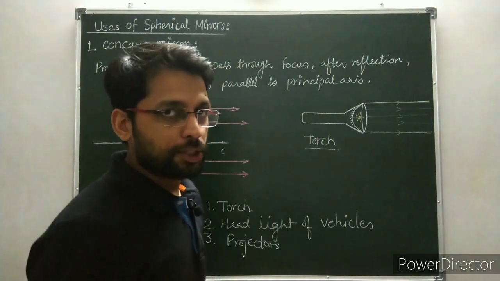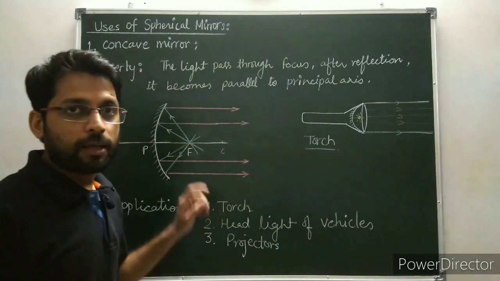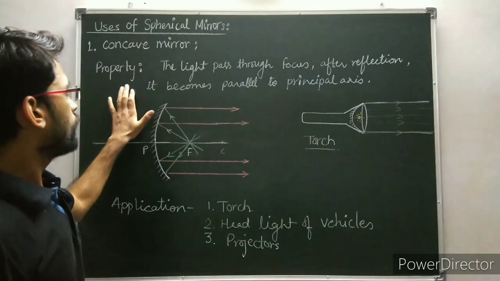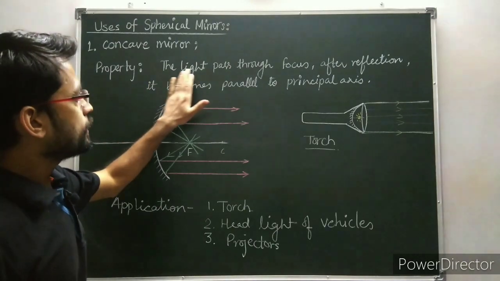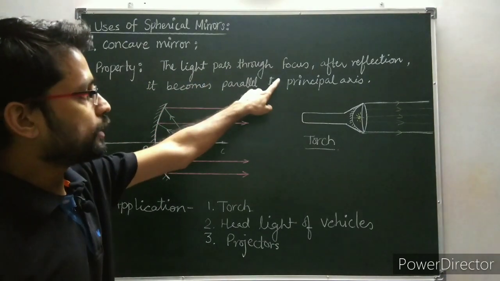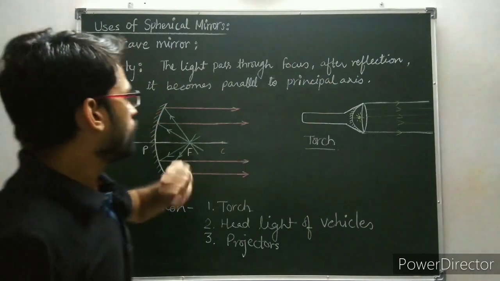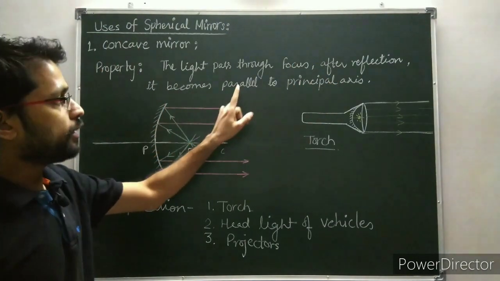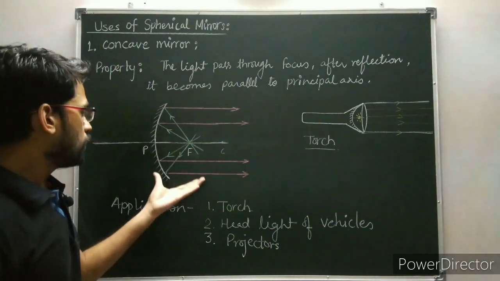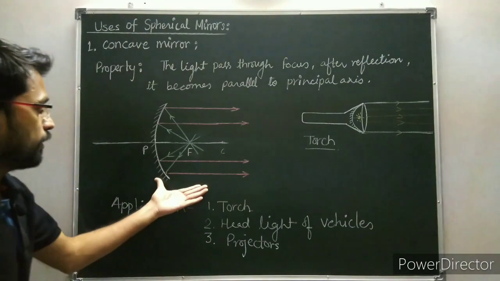The next application of the concave mirror is based on this property, that is the light passing through focus, then after reflection it becomes parallel to the principal axis, as shown in the diagram.